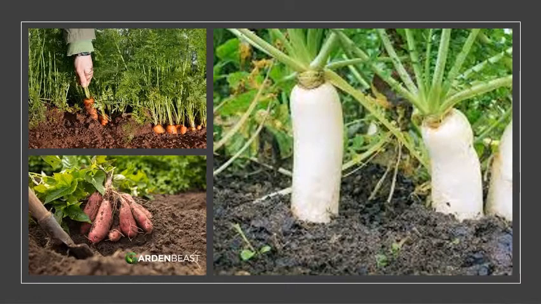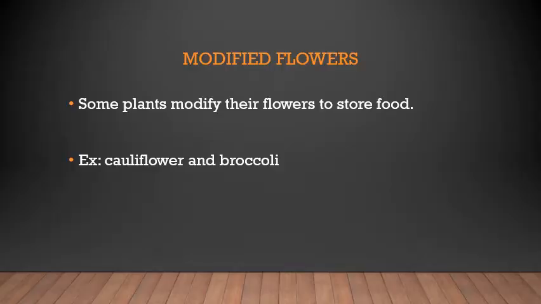Next is about modified flowers. Some plants modify their flowers to store food. Can you think of flowers which store food? Cauliflower and broccoli. These are huge flowers of the plant which are modified in such a way that they can store the food. The other parts are not useful.